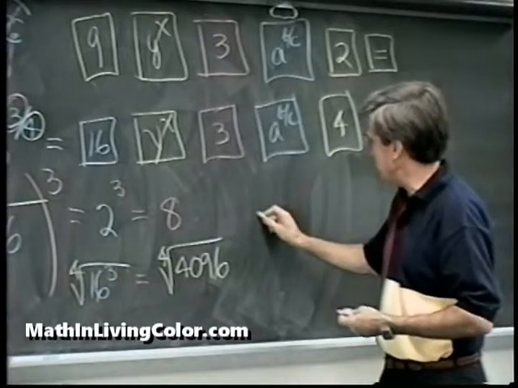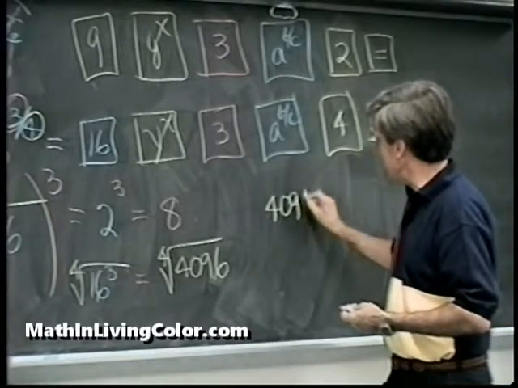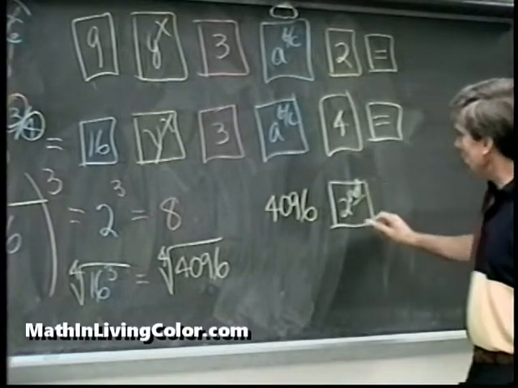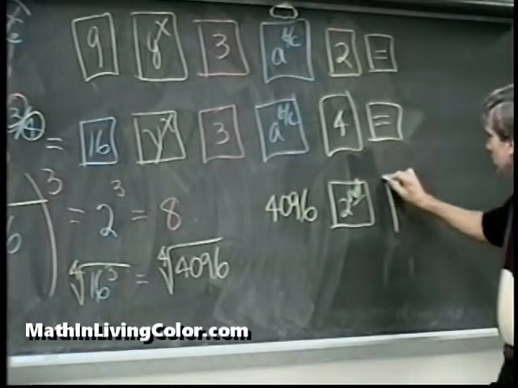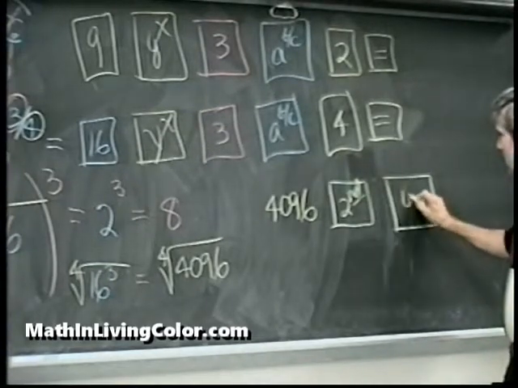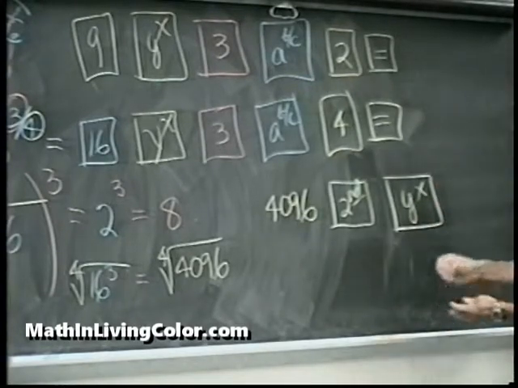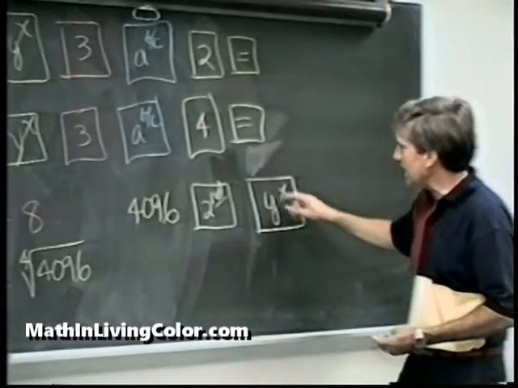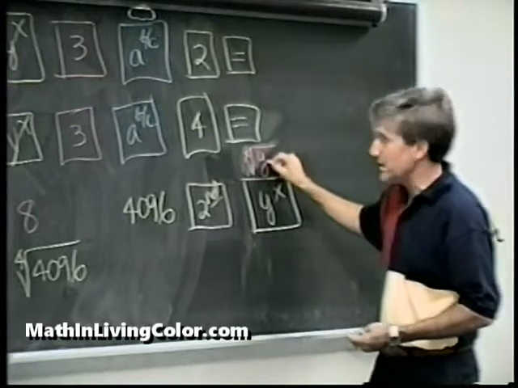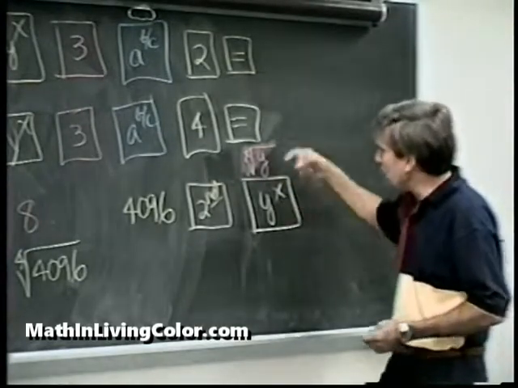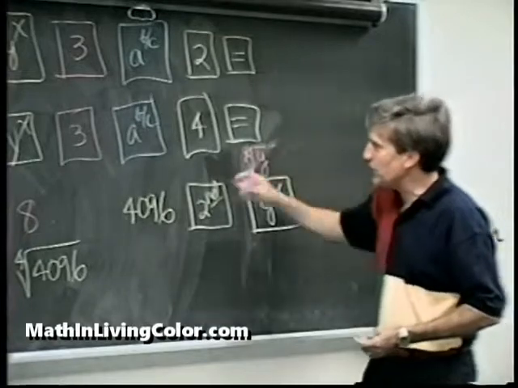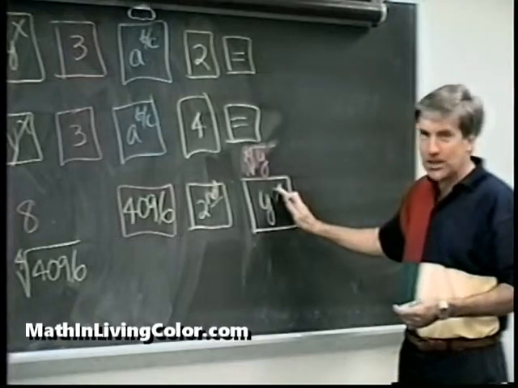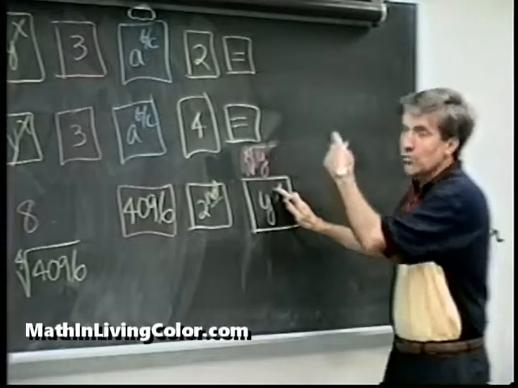And what you'd have to do would be, say, 4096, and then you'll do the second function, or the inverse function, and then you'll do the y to the x power. Now you see, that's because the button says y to the x, but what you want is the x root of y. So in order to do the fourth root, we start with 4096, then we do second function, and then we hit y to the x power, and then you have to tell it what root you want to do.